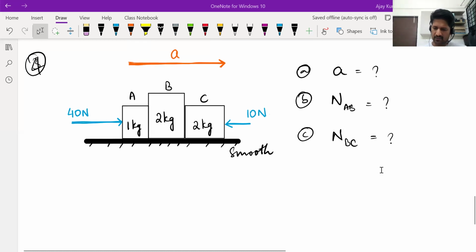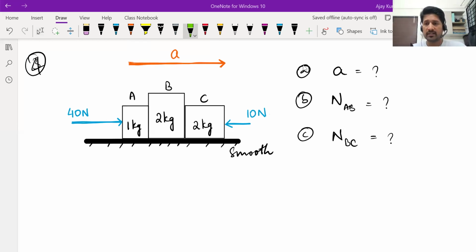Okay, fine. Listen. Pawan, can you unmute? Tell me all the horizontal forces acting on A. Normal force from B and 40 Newtons. So A will experience a normal force from B. In fact, it will be better if you visualize the objects separately.